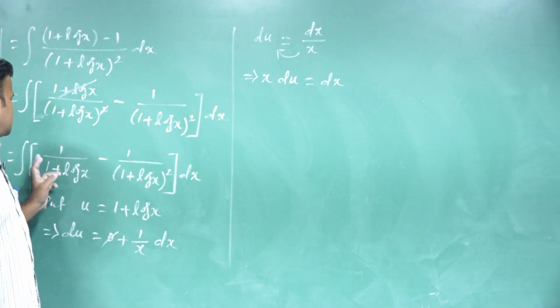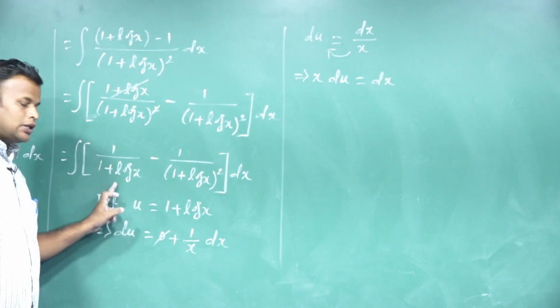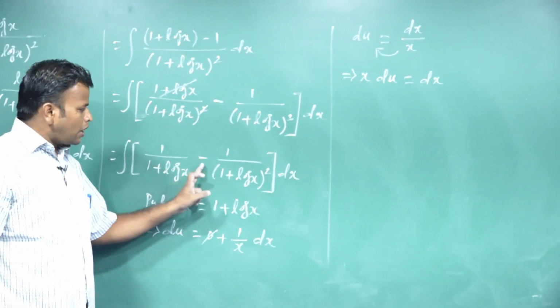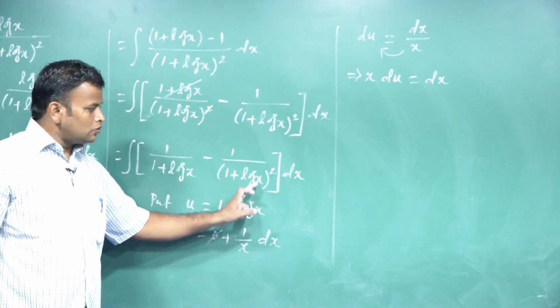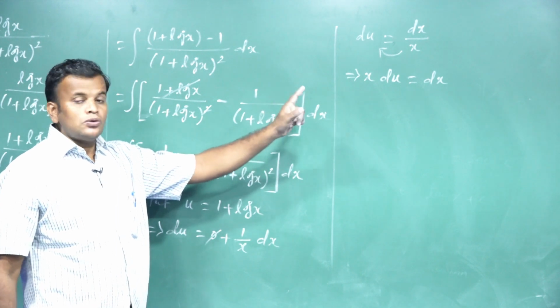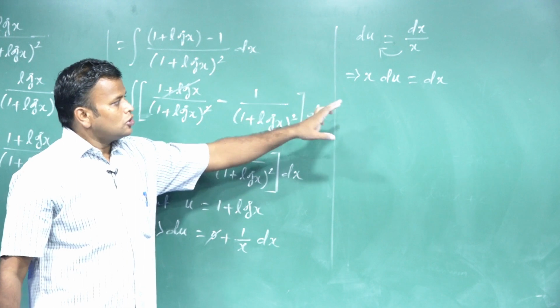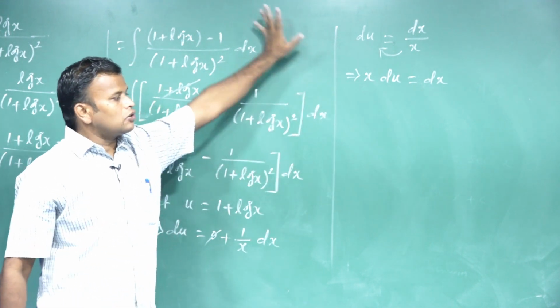So now we see the given sum. Integrating 1 divided by u, that is 1 by u, minus 1 divided by u square. Next, dx. The value of dx is x du. But we change all the given variables into the other variable u, so this x cannot remain.